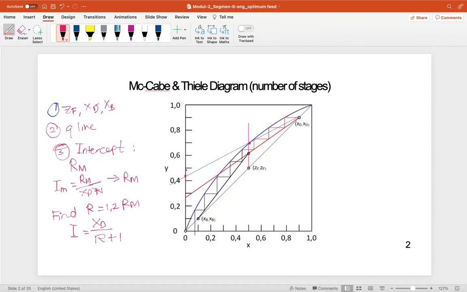distillation column. So this is one stage, two stage, three stage, four stage. When it passes the feed, this is the feed tray. Then would be the enriching.